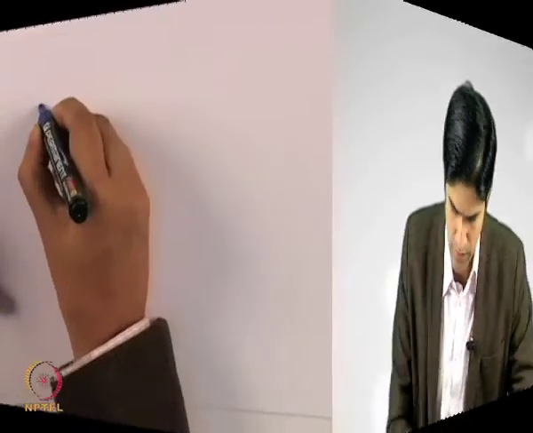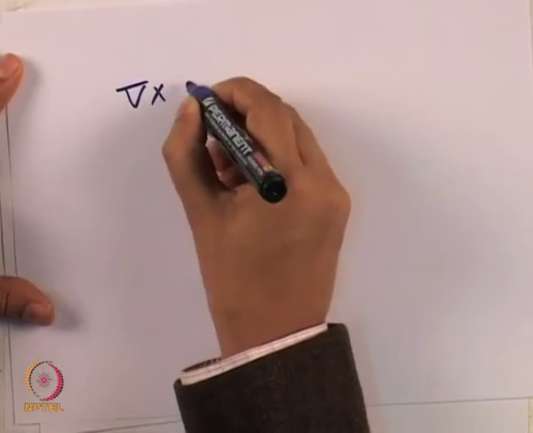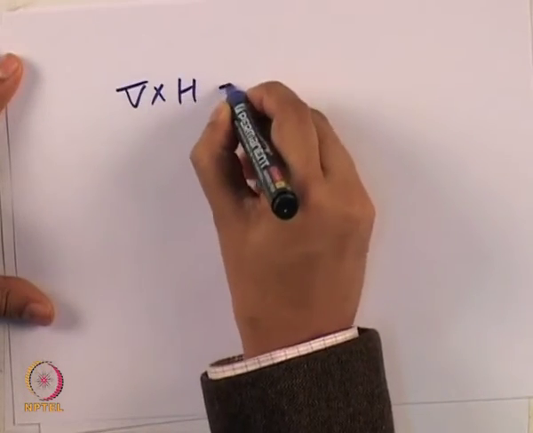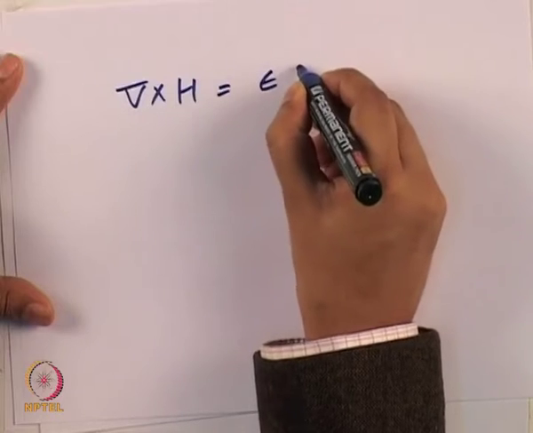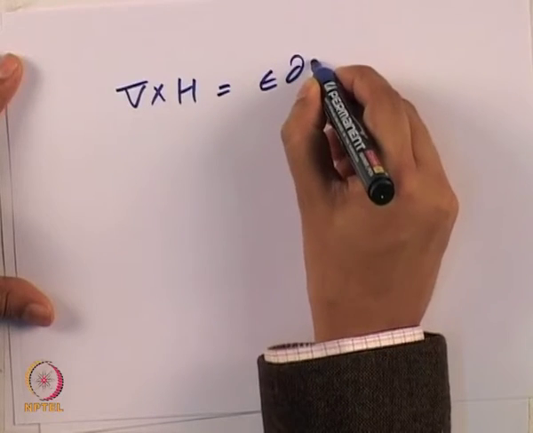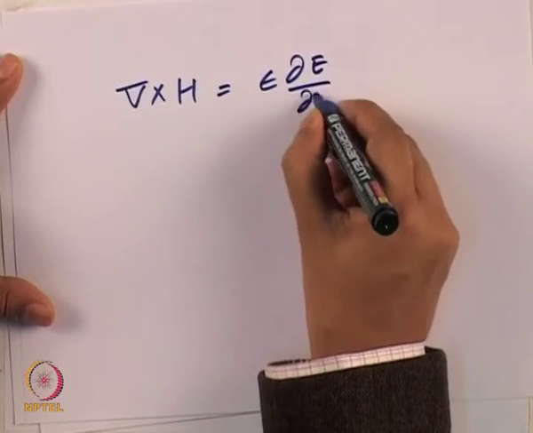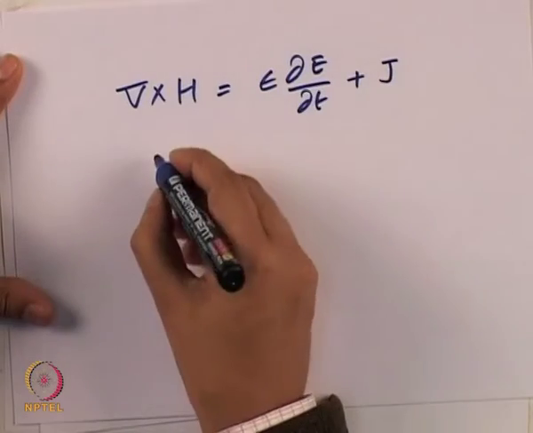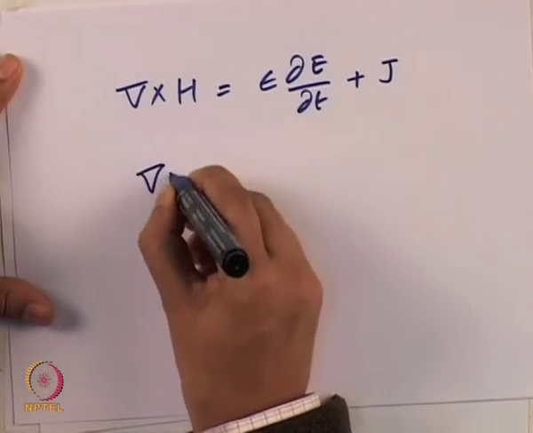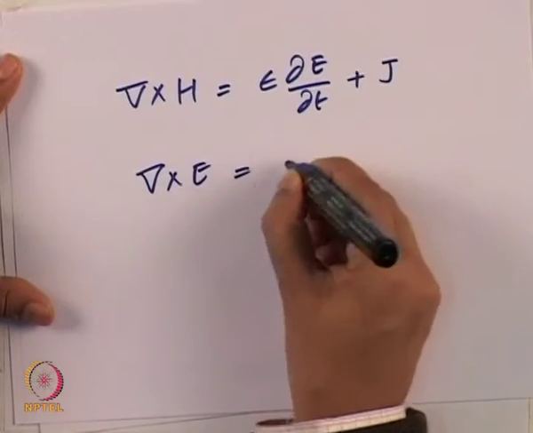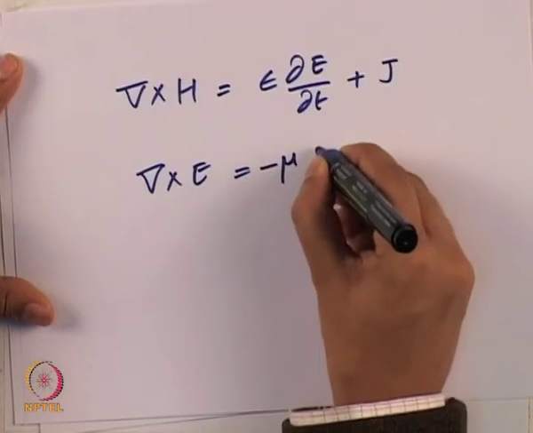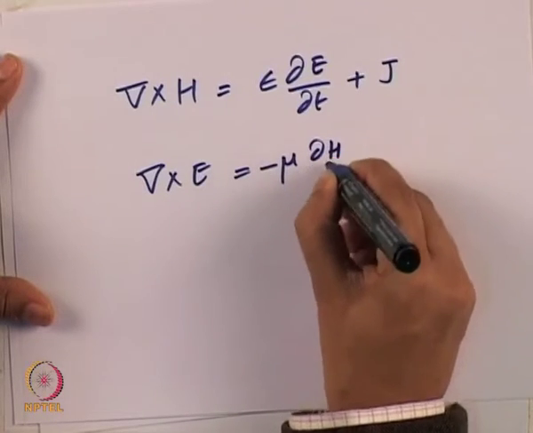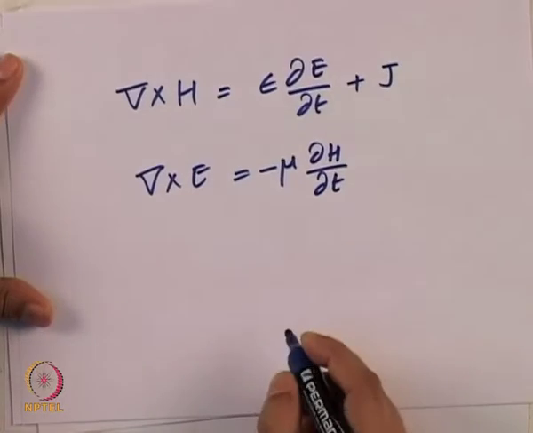Now let's start with the standard Maxwell equation, which is written in the curl form. Curl of H is equal to epsilon dou E by dou t plus J, and the curl of E is equal to minus mu dou H by dou t.